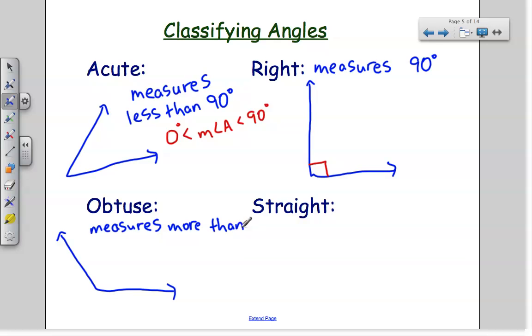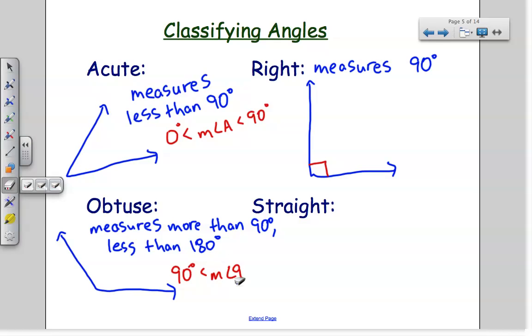So it's more than a right angle, it's more than 90 degrees, but it is less than 180 degrees, between 90 and 180. So if I wrote that out, I would say that 90 degrees is smaller than the measure of angle A. That also has to be smaller than 180 degrees.